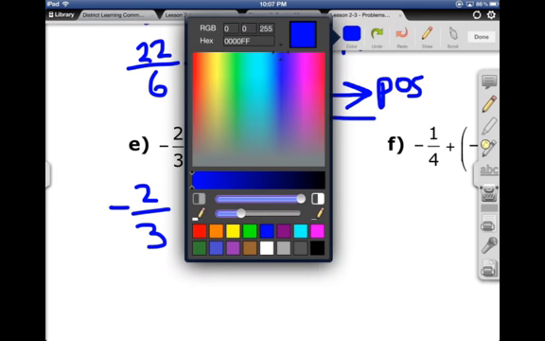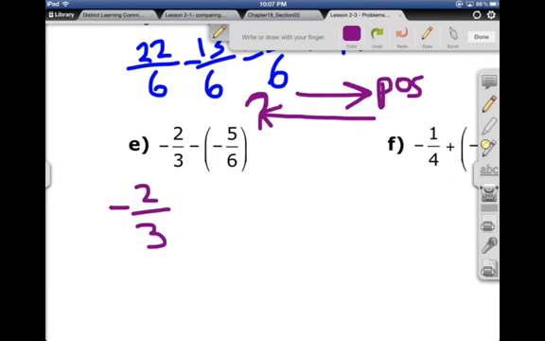As soon as you see something like this, you can just simply write that this is adding. It's just positivity. Negative 2/3 plus 5 over 6.